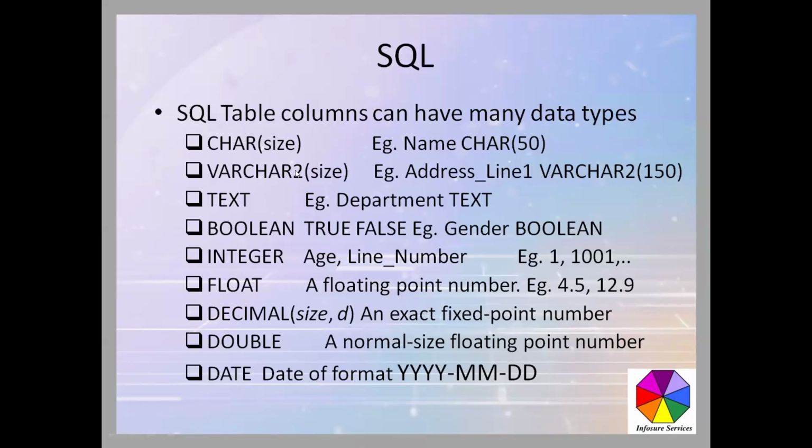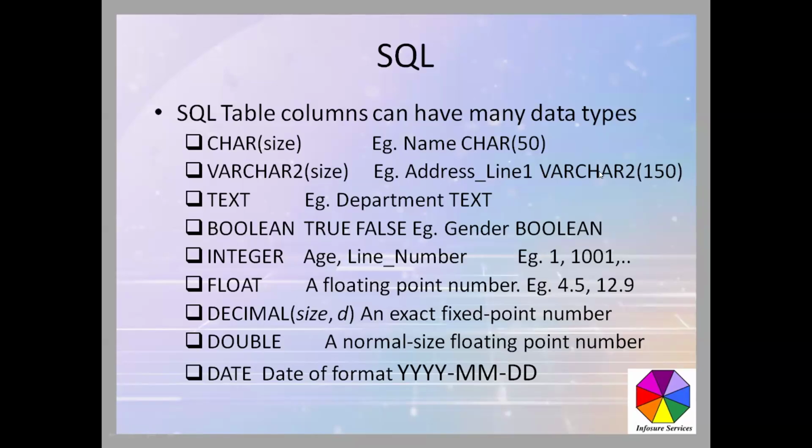Varchar2 means the column can have a variable length. The column's data is a string, or numbers, but whatever you have can have a varying length. Here is an example: address underscore line 1, varchar2 of 150.